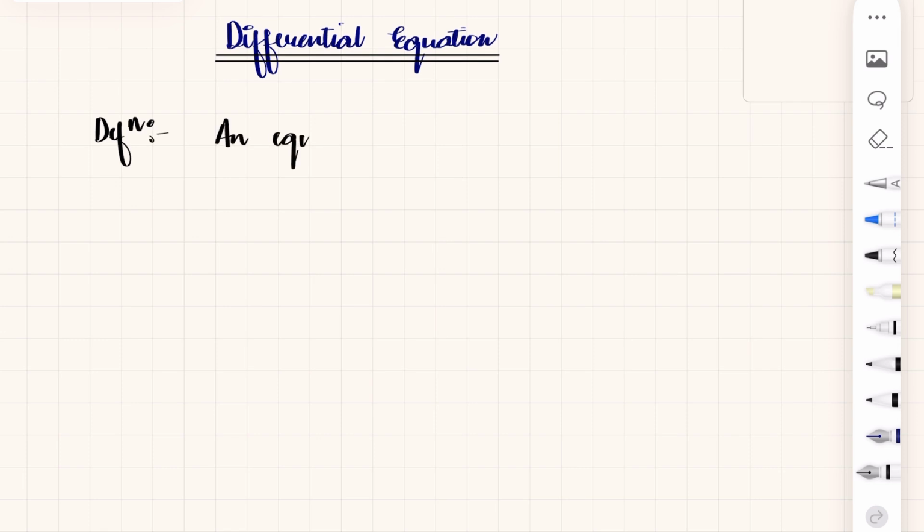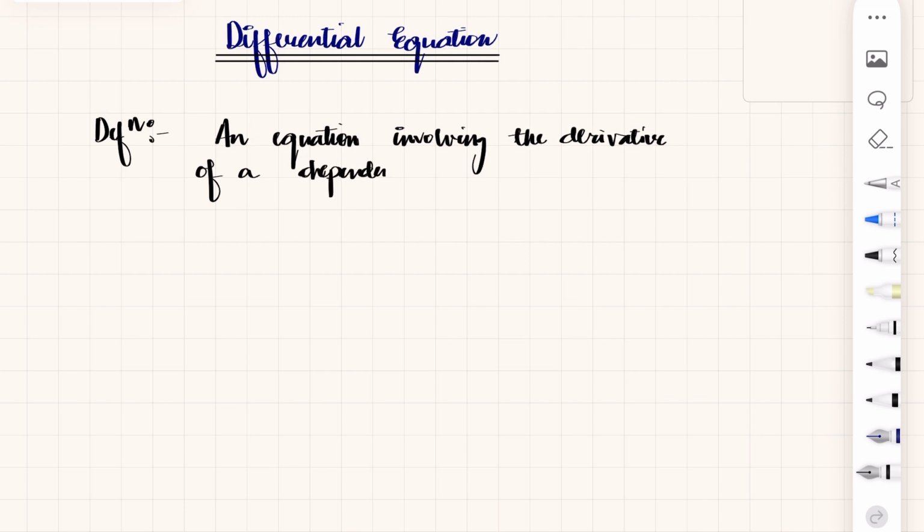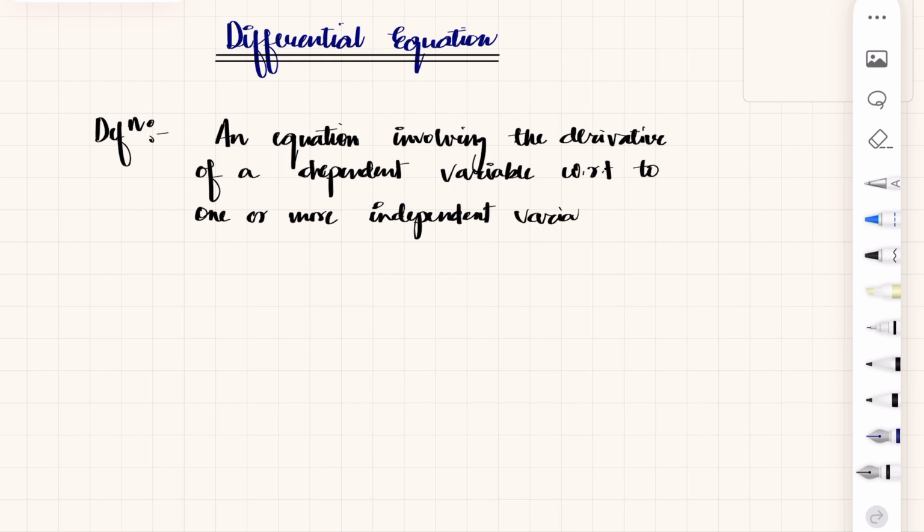It is an equation involving the derivative of a dependent variable with respect to one or more independent variables. It is called a differential equation.